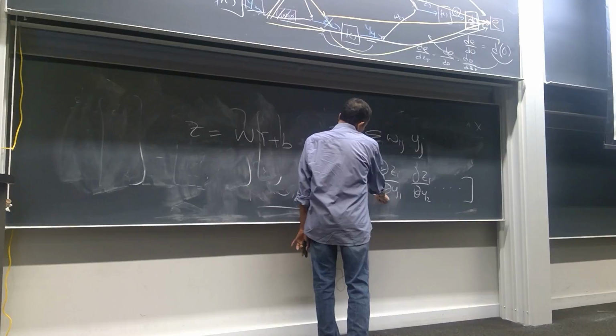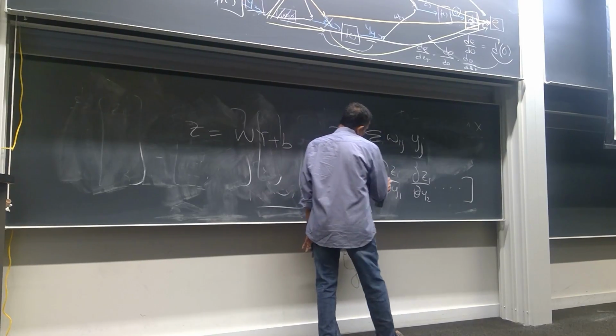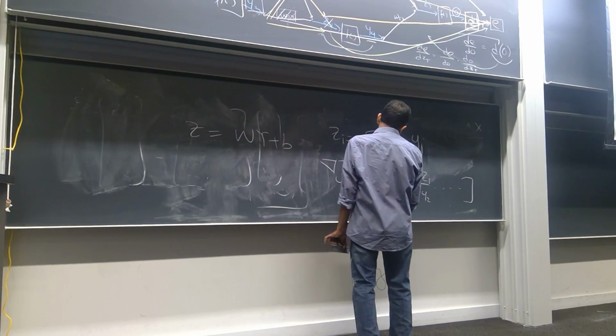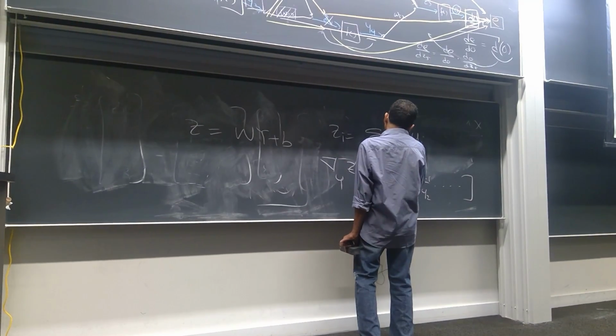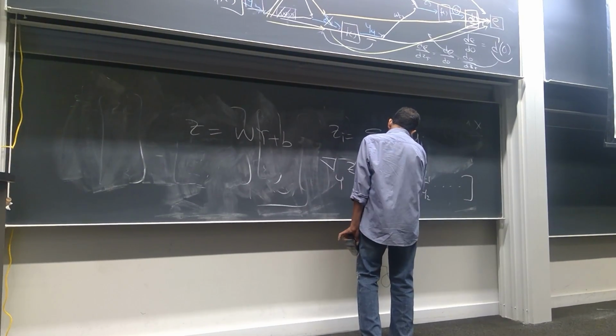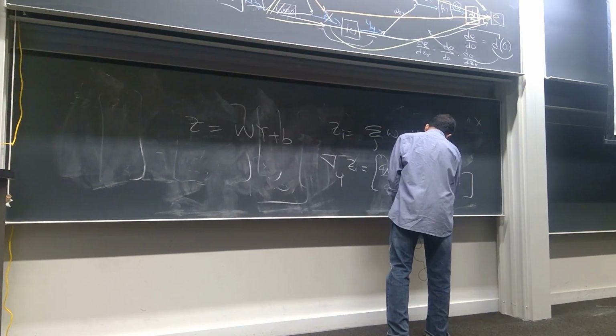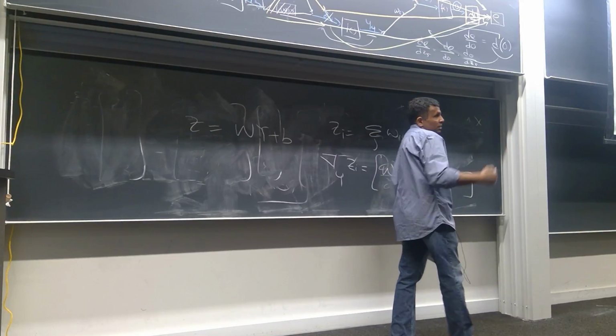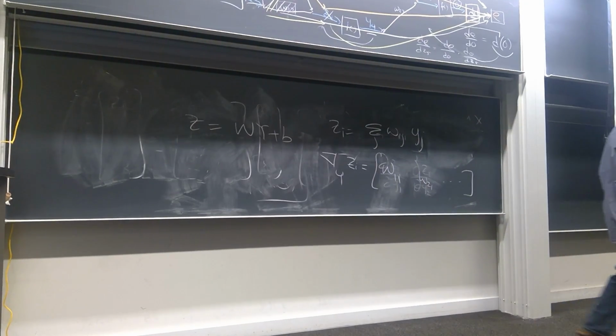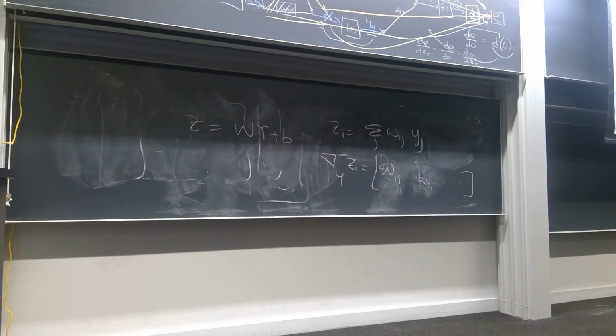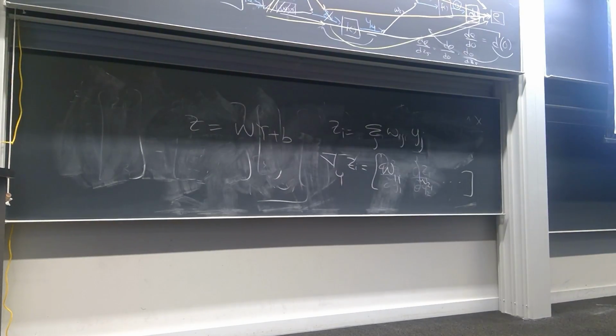And this is simply going to be w_i1, w_i2, and so on. If I stack these up, this is simply going to give you the weights matrix itself. So you don't have to actually work your way through this. The shortcut is that if I take the derivative of z with respect to y, the Jacobian is simply going to be the weights matrix.